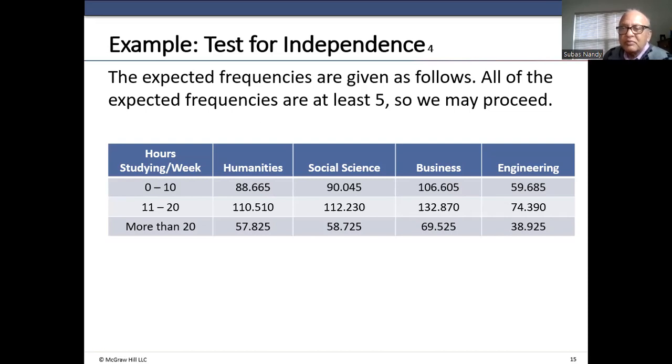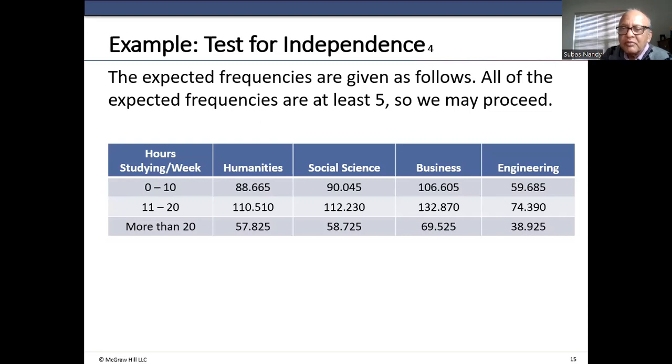That value is much, much less than alpha equal to 0.05. So p-value is less than alpha, decision: reject H0. And we conclude that at alpha equal to 0.05, there is enough evidence to support the alternate that row variable and column variable are not independent.